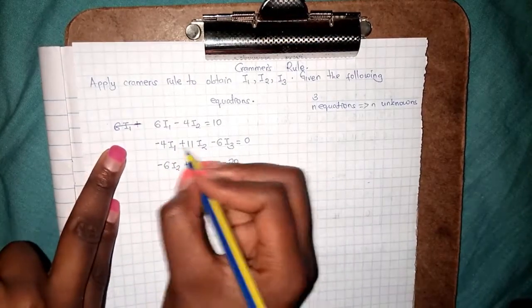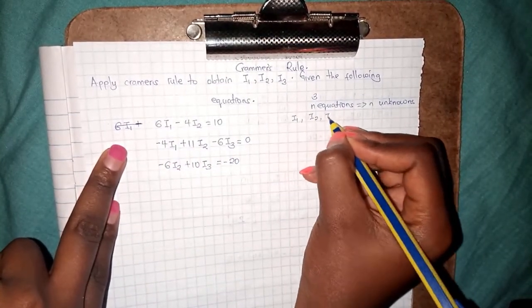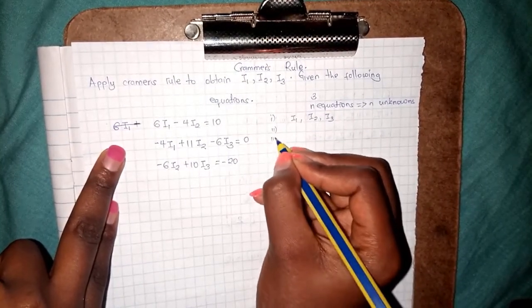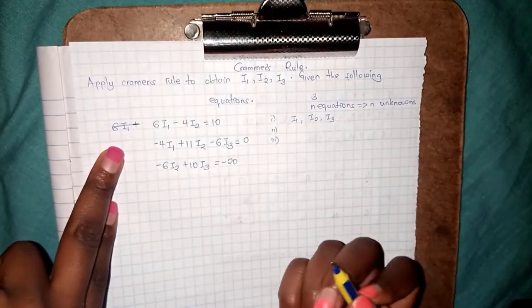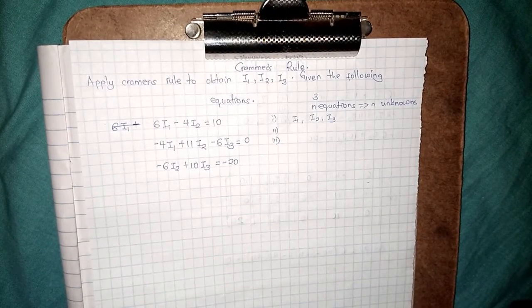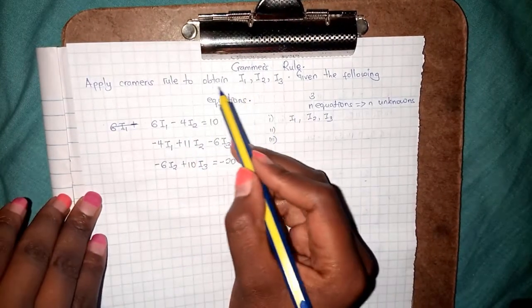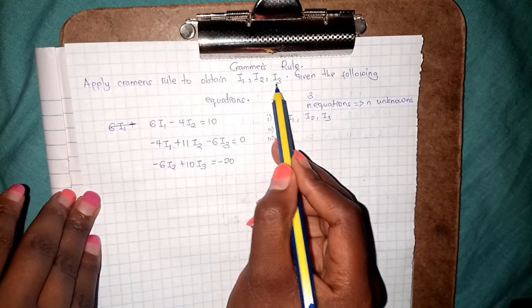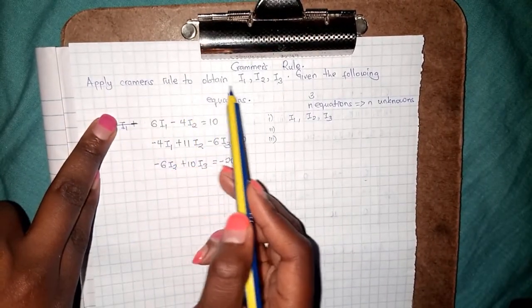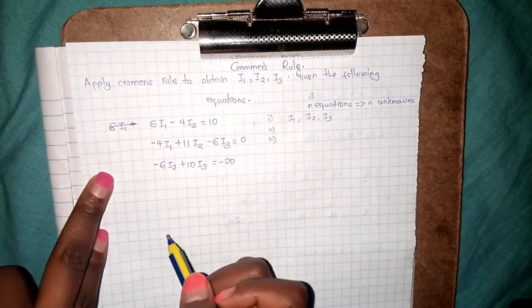So in this case, we have I1, I2, and I3, and we also have equation 1, equation 2, and equation 3. So in this case, it's applicable. That's why we're going to use it to solve for I1, I2, and I3. Question: apply Cramer's rule to obtain I1, I2, and I3 given the following equations.